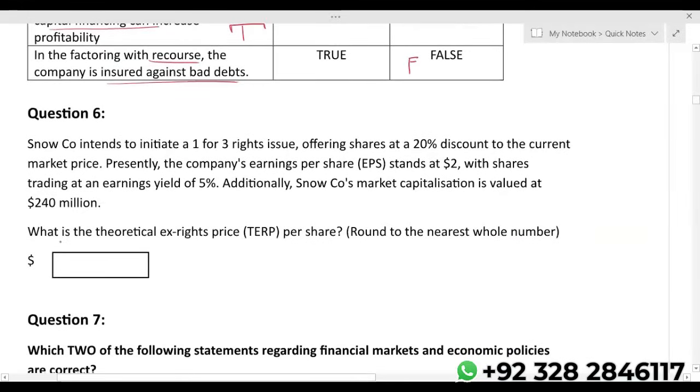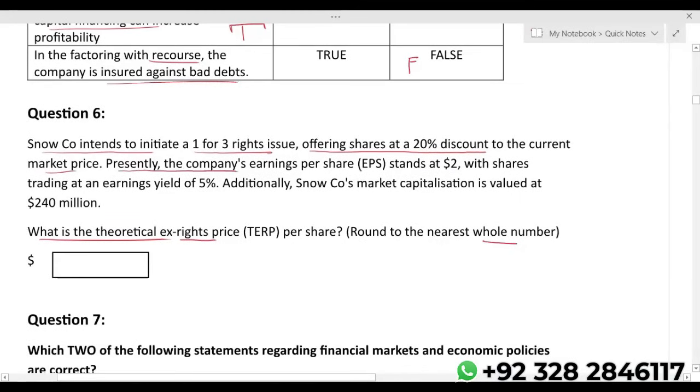Okay. What is the theoretical ex-rights price, TERP per share, rounding to the nearest whole number? Snow Company intends to initiate a 1-for-3 rights issue, offering shares at a 20% discount to the current market price.